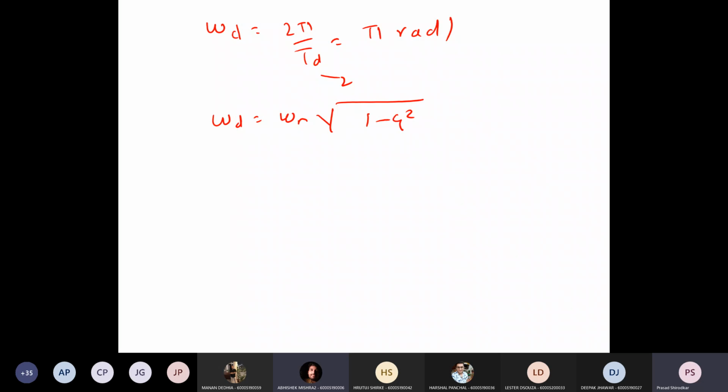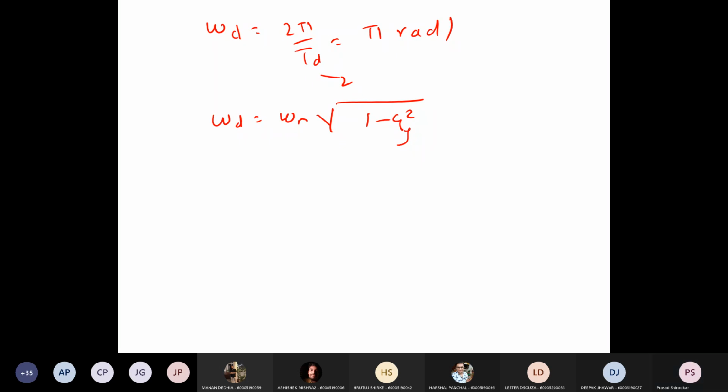Next, what is the question asking? Damped frequency and undamped natural frequency. Damped frequency is omega d, so it is 2 pi by Td. That is nothing but pi radians per second, because Td is 2. And what will be the natural frequency? What is the relation between omega n and omega d? Omega d is omega n into square root of 1 minus zeta square. Zeta is already known to you.